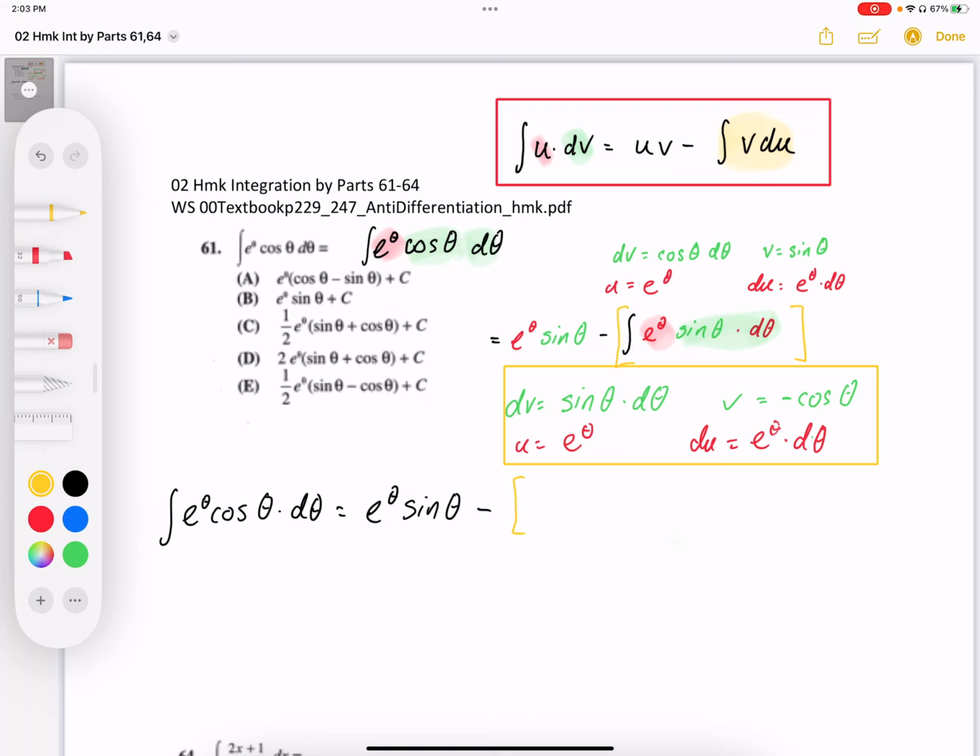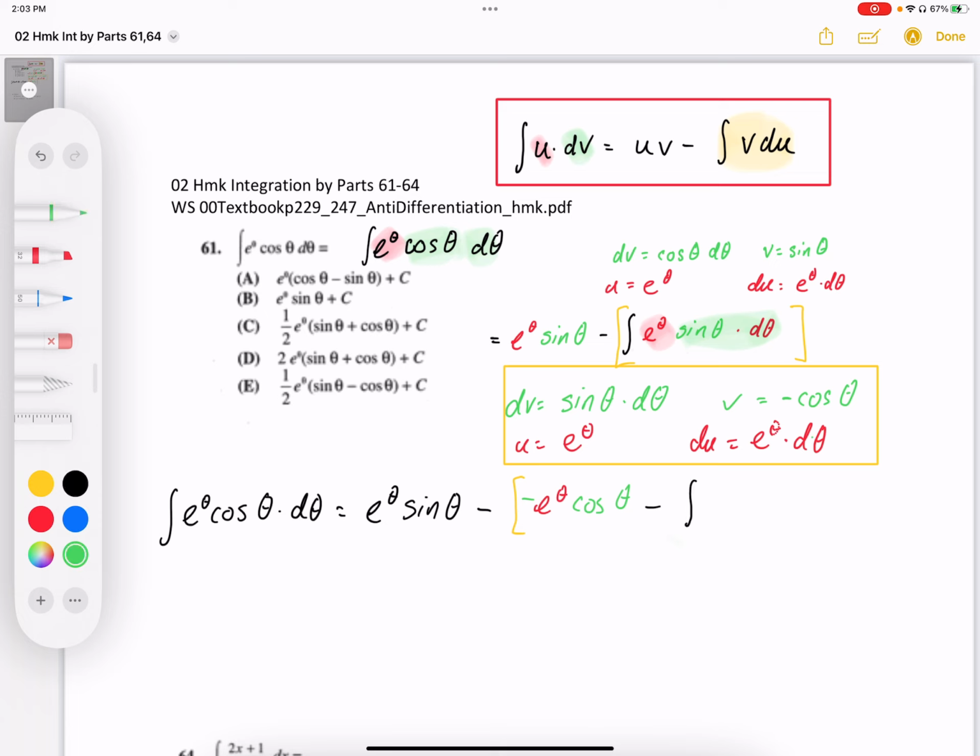So I get uv, e^θ times negative cos θ. That's going to end up being plus e^θ cos θ minus the integral of v du.